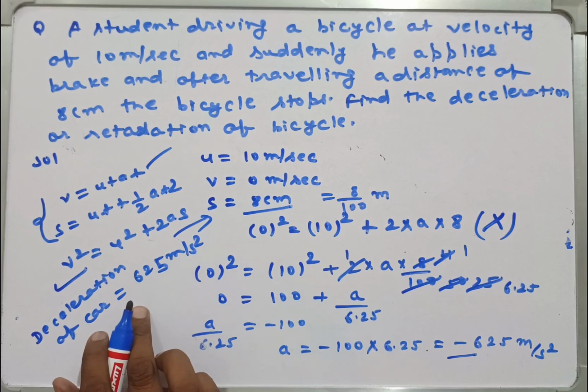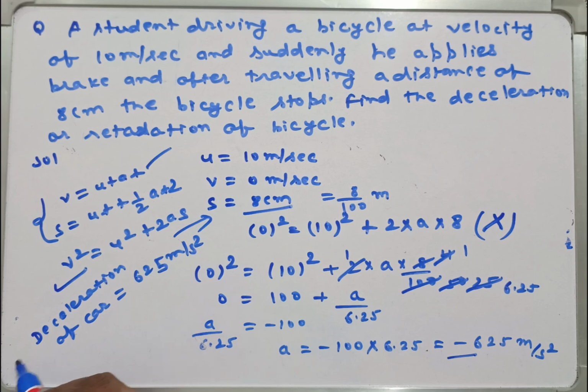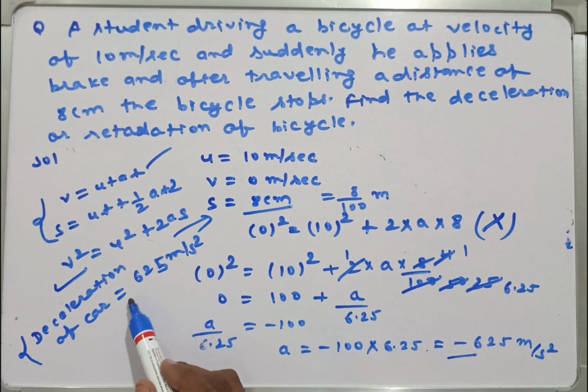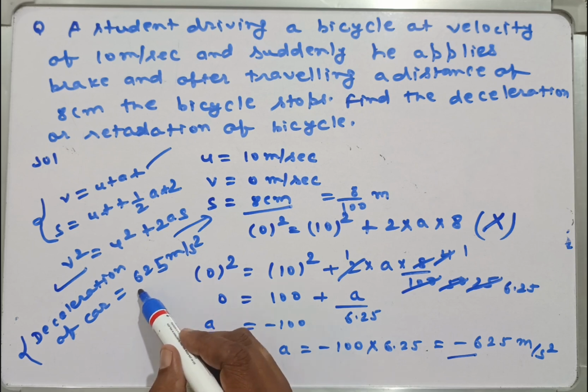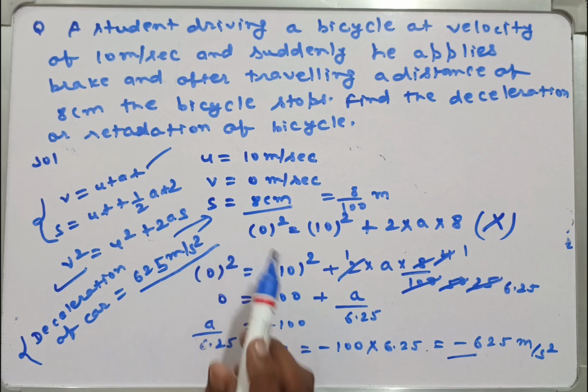We here omitted the negative sign, because we use here the word deceleration of car. Okay, so the final answer of this question is the deceleration or retardation of bicycle is 625 meter per second square.